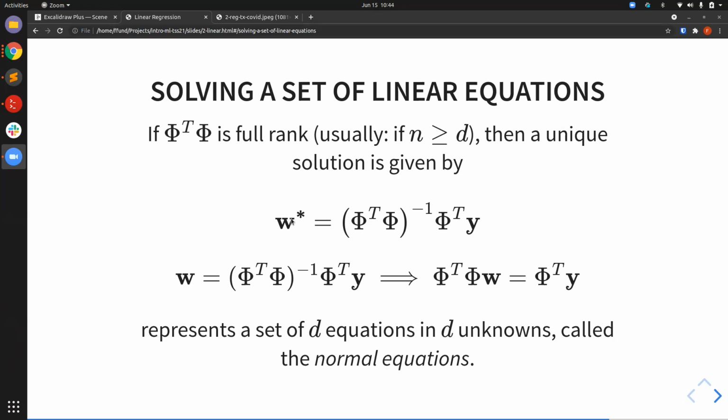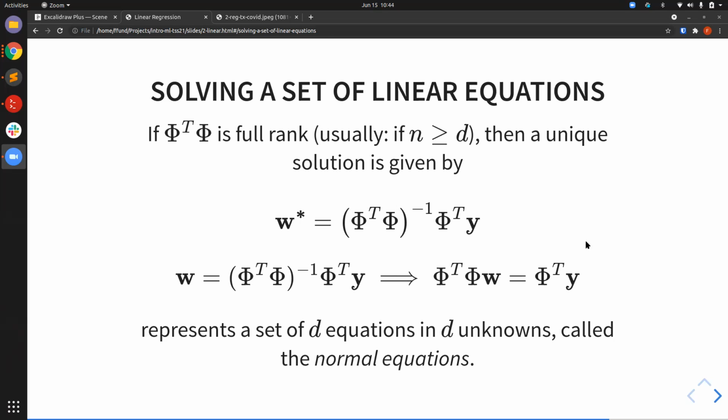This expression sets up a square matrix, a vector, and another matrix and vector in exactly the same way as we would to solve a system of d equations and d unknowns. They're called the normal equations, and you solve it in the usual way to find the solution. So you can take a look at that notebook after.